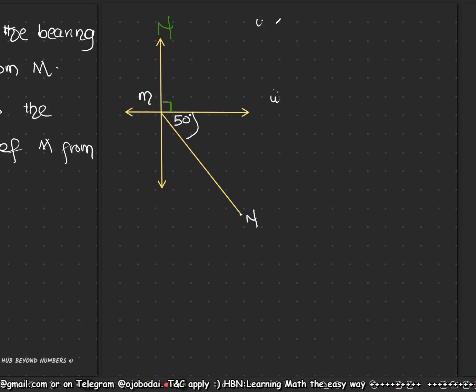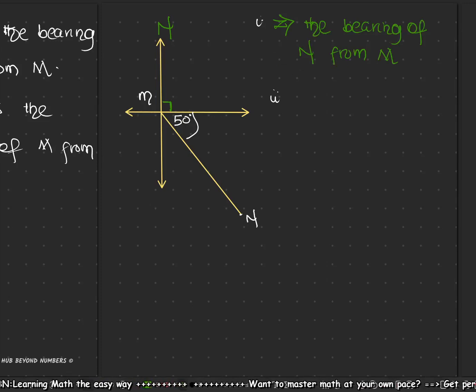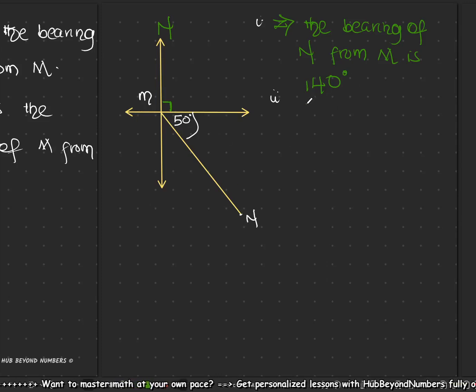M. So just add 90 to 50. So from the diagram, the bearing of N from M is the 90 plus the 50, which is 140 degrees.